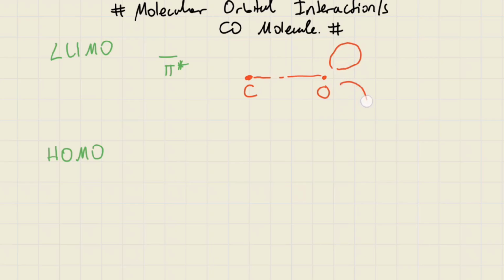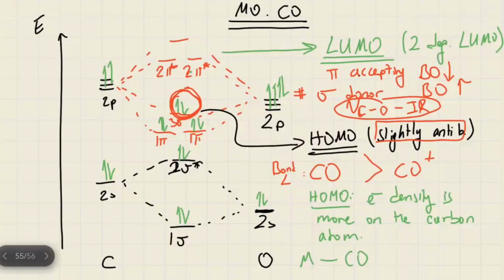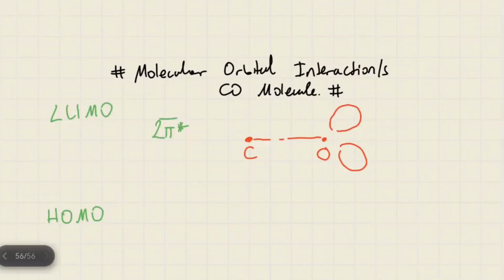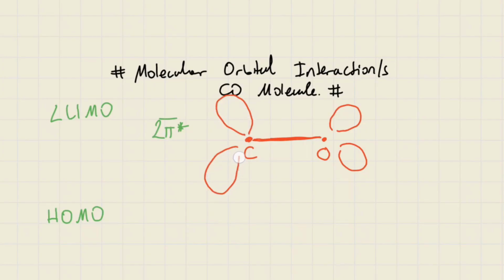And this is the 2 pi star. So this is the LUMO orbital. I am drawing these orbitals. So we have a bond between the carbon and oxygen, and the carbon side orbital is bigger than the oxygen side, and we have of course a phase for the orbitals.